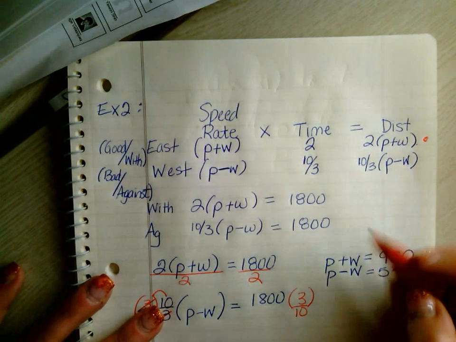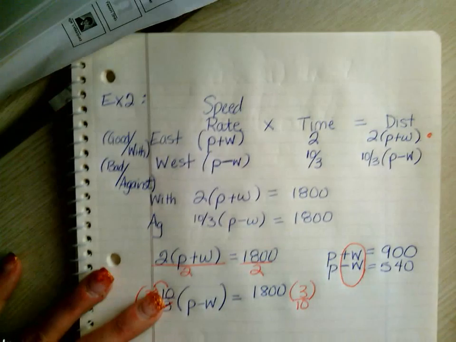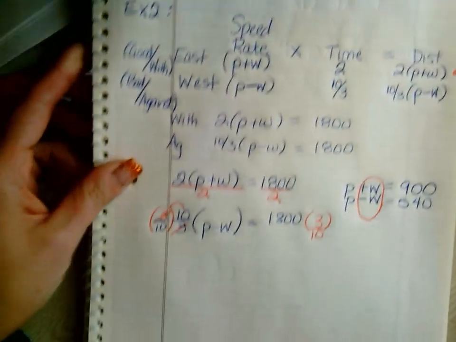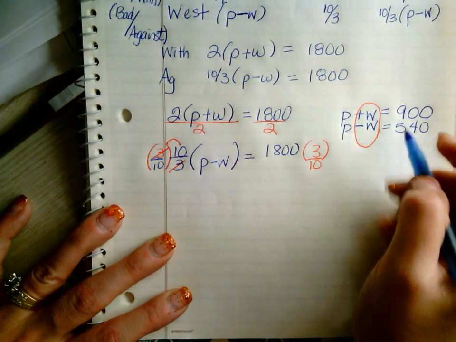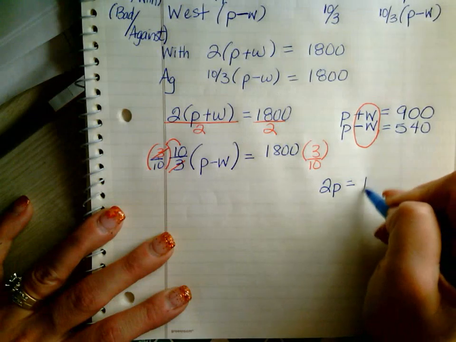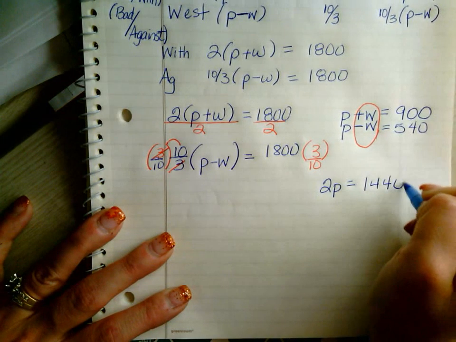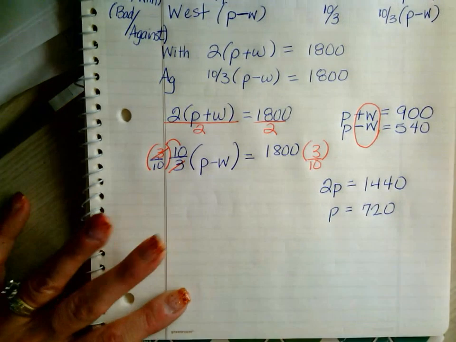Combining this, I already have two that are opposite of each other. Lucky for us. So adding these equations together, 2p equals 1,440, so p is going to equal 720.